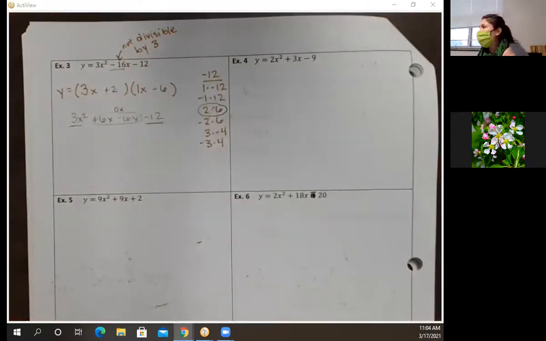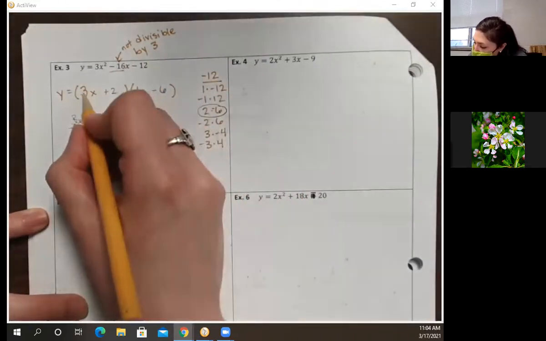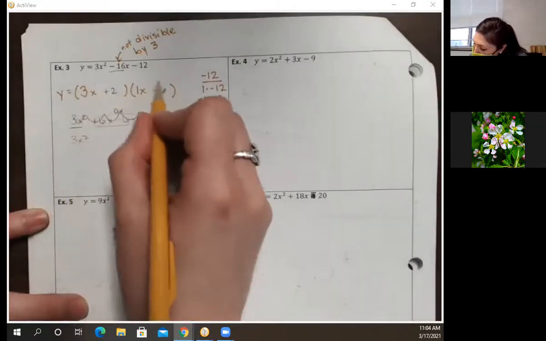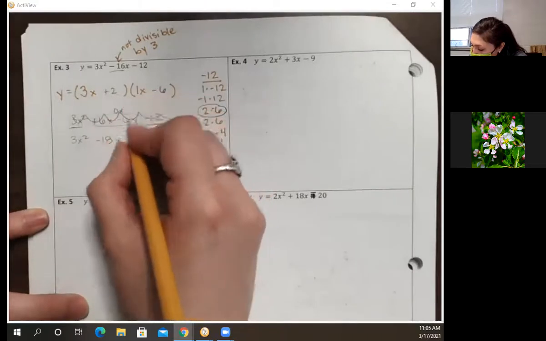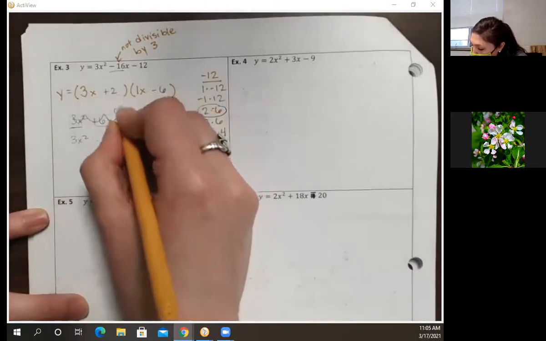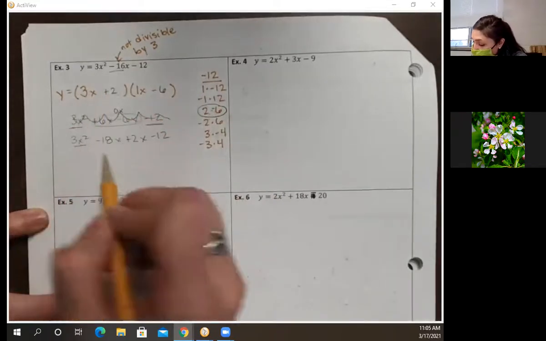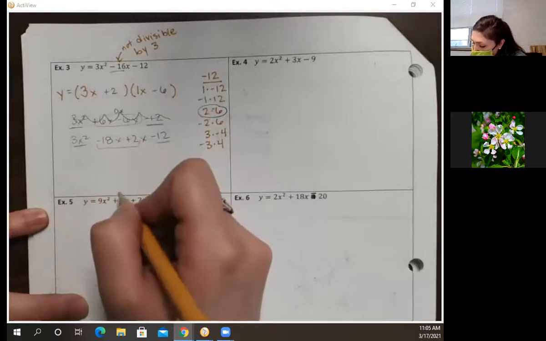Okay, now let's distribute again. So I know this wasn't right. 3x times 1x would be 3x squared minus 18x plus 2x minus 12. Again, x squared term looks good, constant looks good. We got to check the middle.